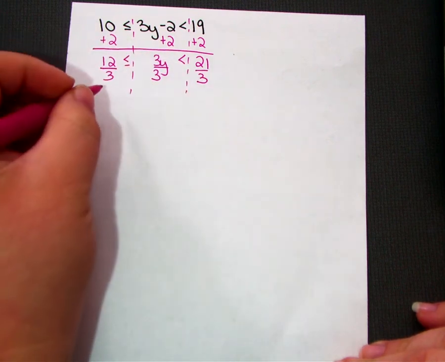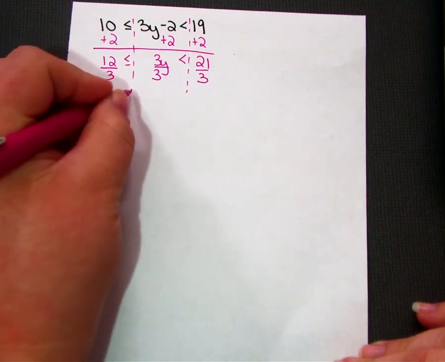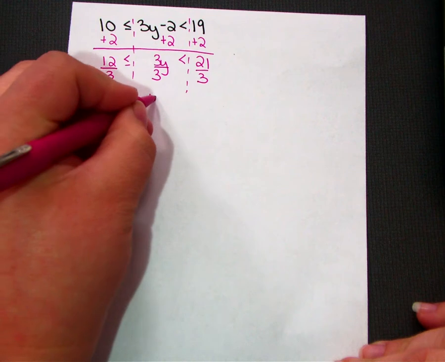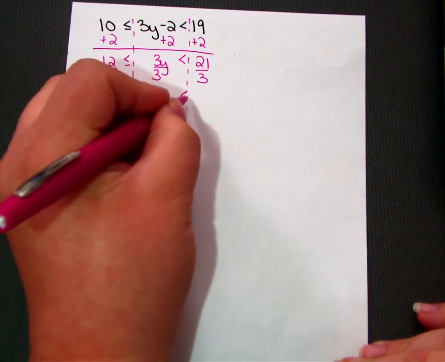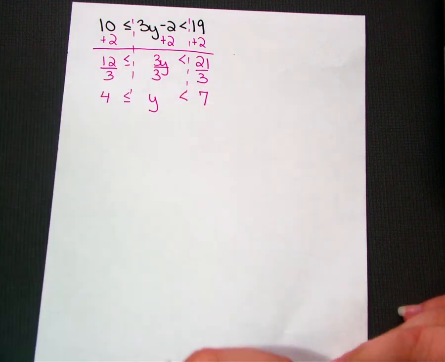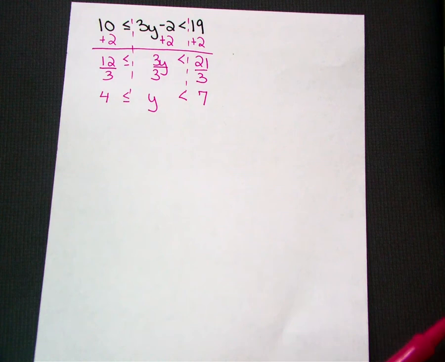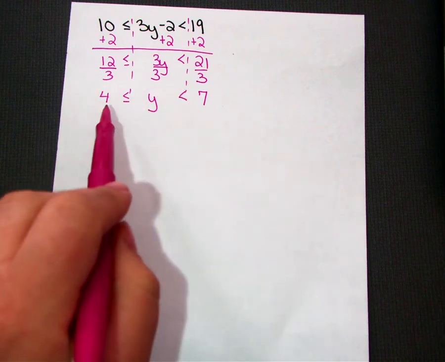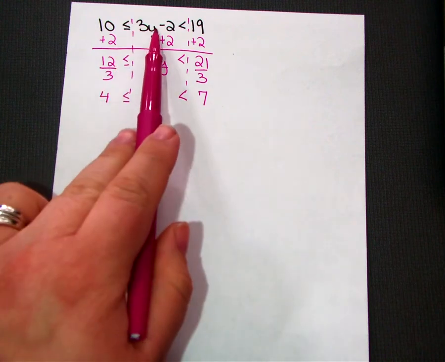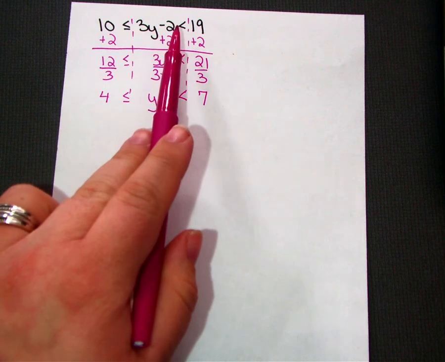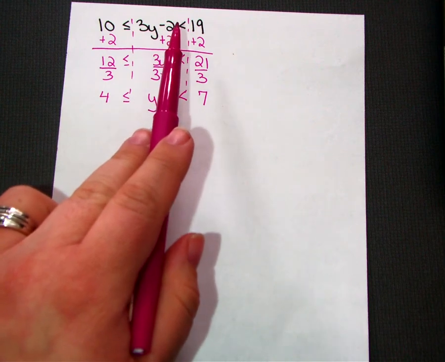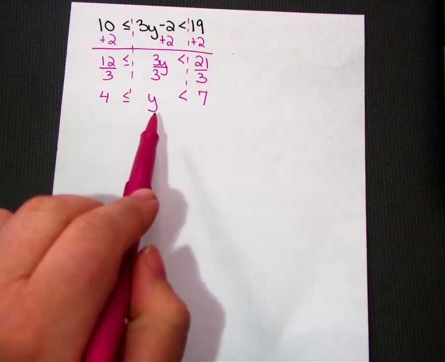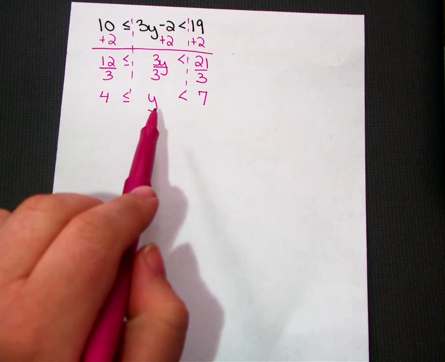So I get 4 is less than or equal to y, which is less than 7. Now that my variable's alone, I can consider this inequality solved. This is the way that I would continue to write this inequality. It started out with 2 inequalities, all contained into 1 long sentence, and that's how my answer should also appear.